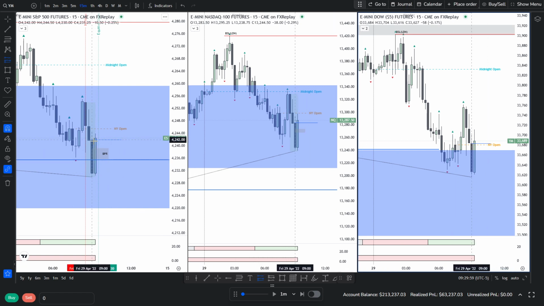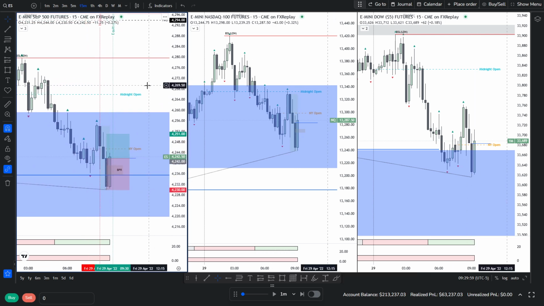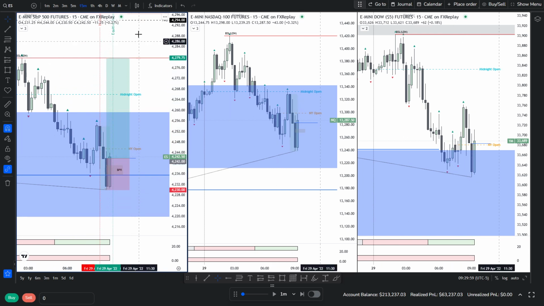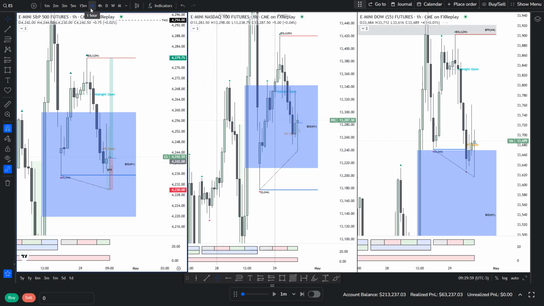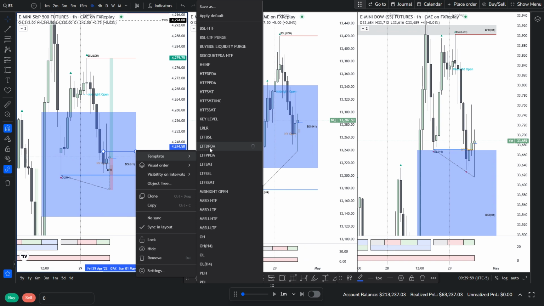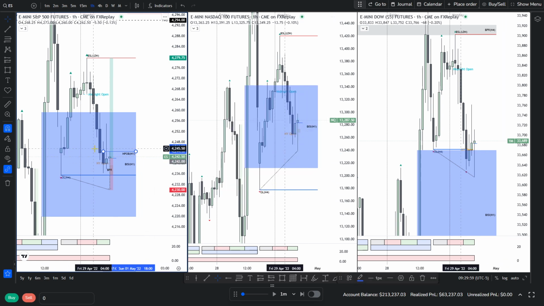Now, if this was to fail, then naturally speaking, before I do that, I want to just check the H1 and see if we were to get a close above that candle. Could be interesting. That could be high probability OB H1 in there.